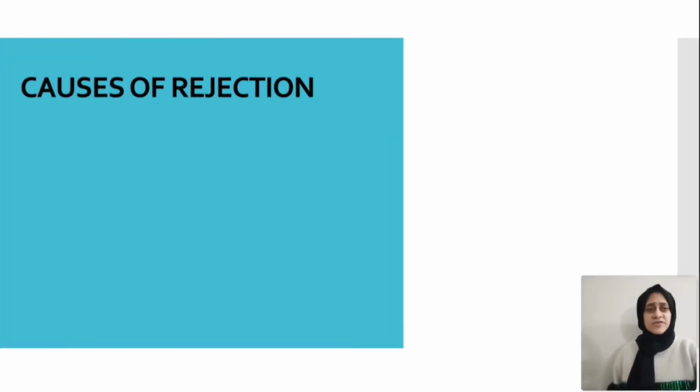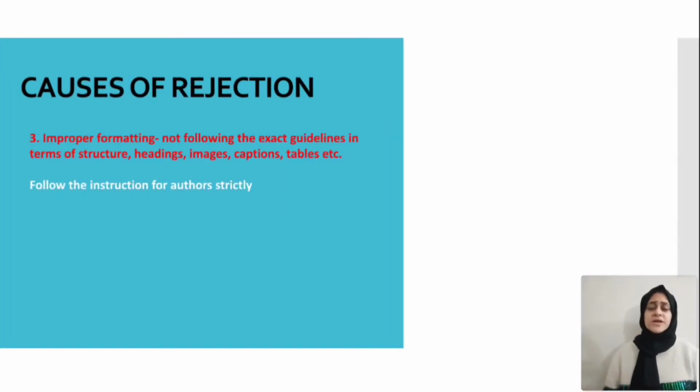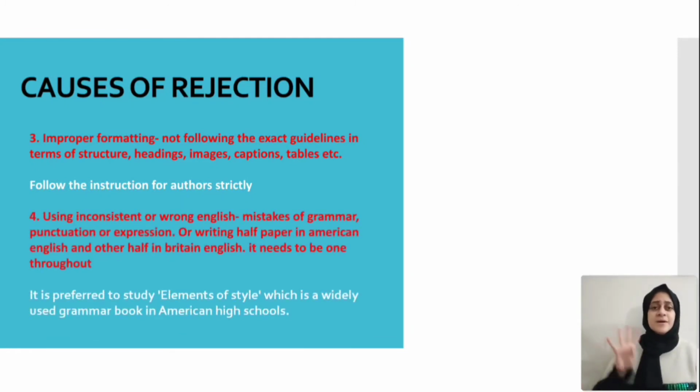More causes of rejection include, number three, improper formatting. We've talked about this over and over, and how important it is to follow the guidelines of the journal, else there is going to be rejection. And number four, using inconsistent language: wrong expressions, punctuation, grammar, all of that, and not being consistent in the language you're using.